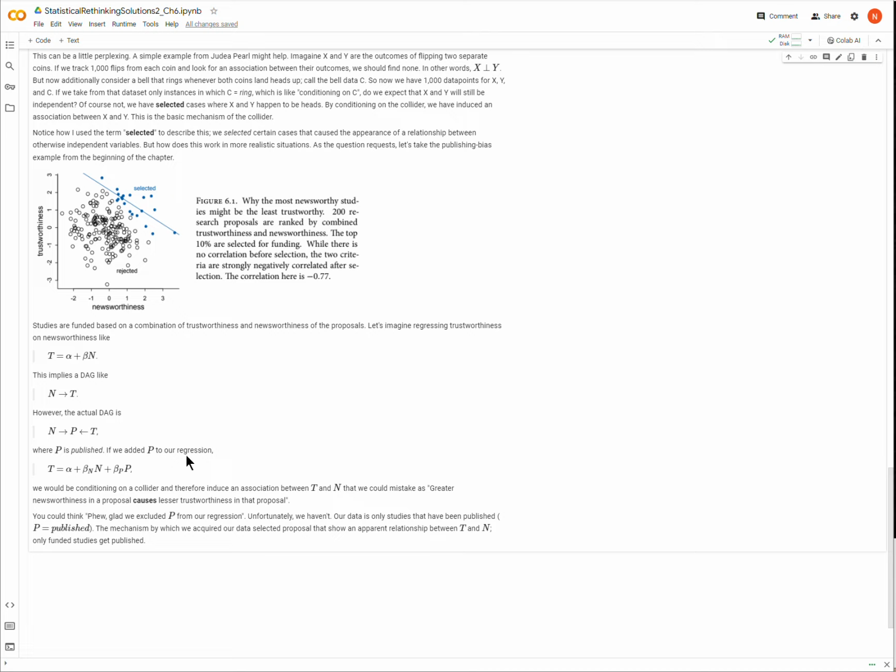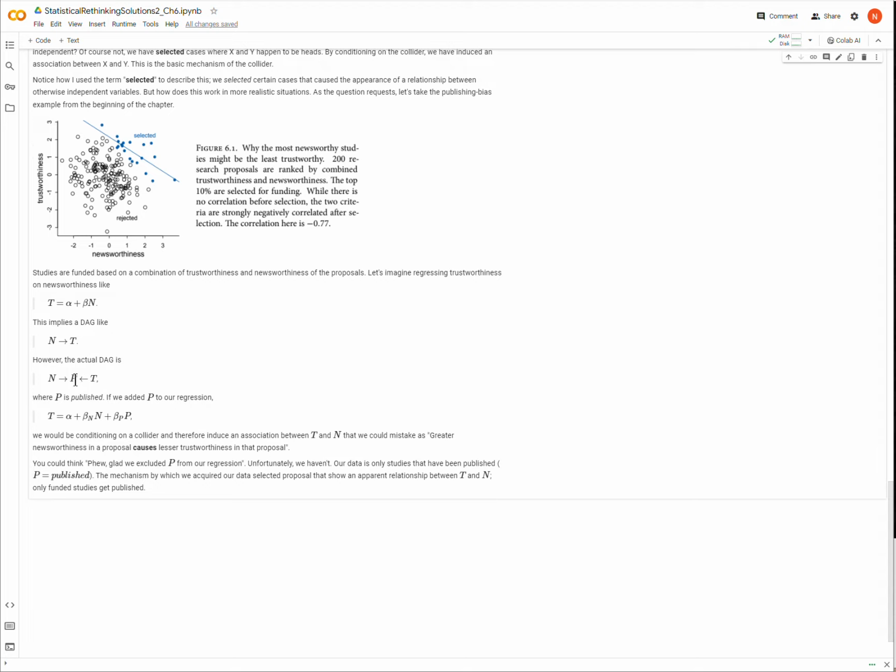So now think about what would happen if we included P in our regression. Here would be the new regression, but we would be regressing on P, and therefore we would be conditioning on a collider, right?